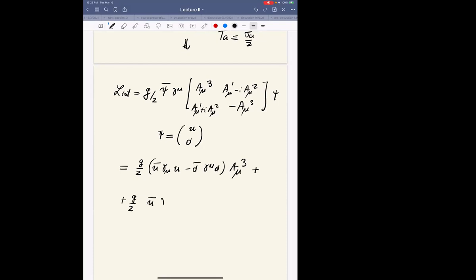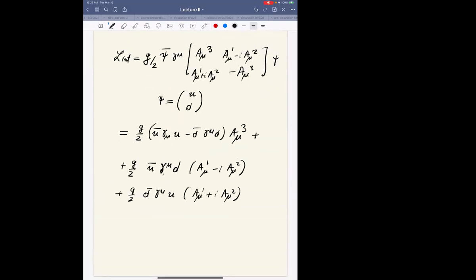There will be u bar gamma mu d, A mu 1 minus i A mu 2, plus g over 2 d bar, the Hermitian conjugate, u, A mu 1 plus i A mu 2. We agree with this?